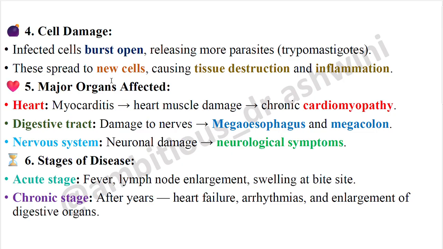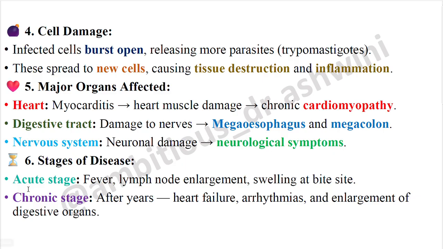This spreads to new cells, causing tissue destruction and inflammation. Major organs affected: heart, myocarditis, heart muscle damage, chronic cardiomyopathy; digestive tract, damage to nerves causes megaesophagus and megacolon; nervous system, neuronal problems, which are neurological symptoms.